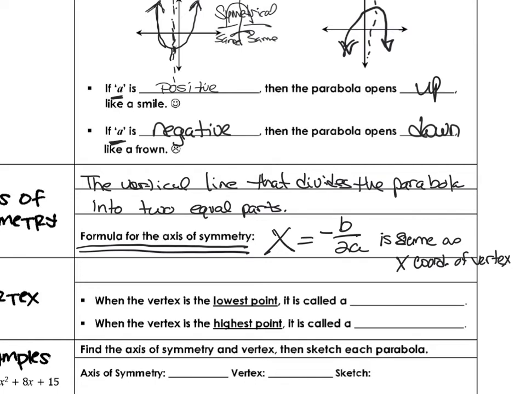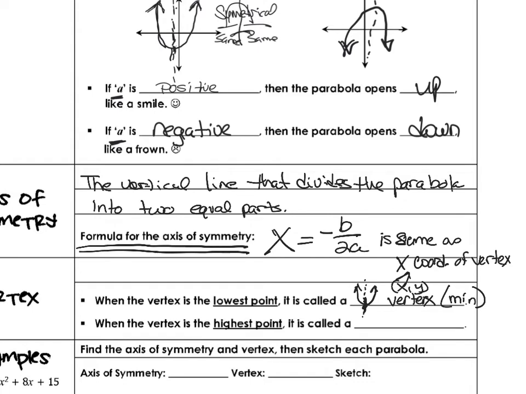When you have a U-shape like this, the lowest point is here, and that's your vertex. It's also called your minimum. And that point, that ordered pair, the x is also your axis of symmetry, because look, it's a vertical line on that x, right?